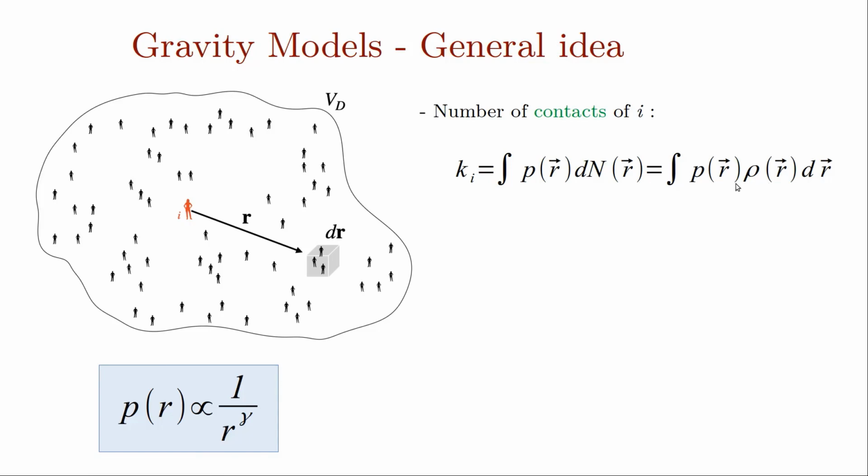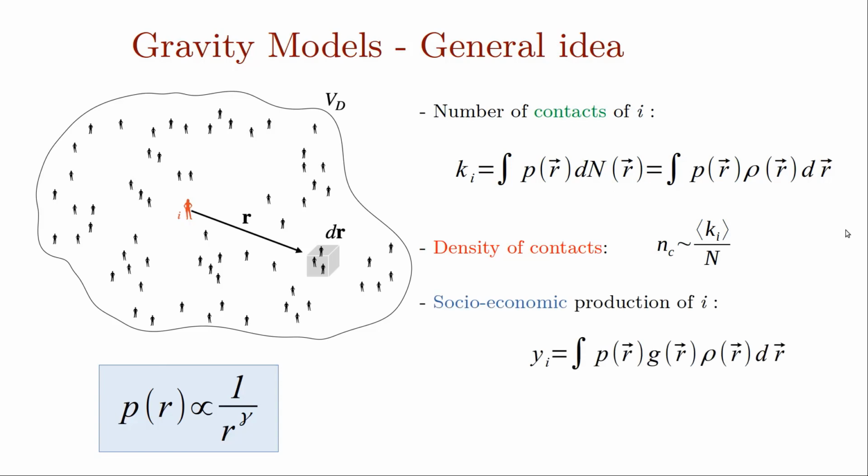If I can compute that, the number of contacts, of course, I can get the density of contacts given by that, and also I can compute the socioeconomic production of a single individual, given that we have G here, that is the socioeconomic output generated by a single interaction, right? And then I can get the socioeconomic output of the city, right?